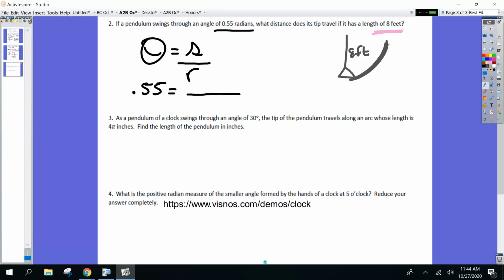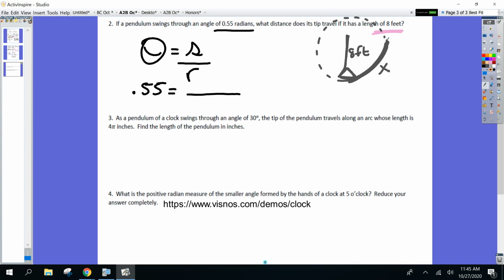Anybody have a thought? Would it be the arc length? Well, remember here, I know I don't like the wording too much. What distance does this travel here? We're looking for how far it travels here. So this right here would be part of my arc length, when I know the pendulum is 8 feet long. Does it help if I make a little bit more of a circle there?